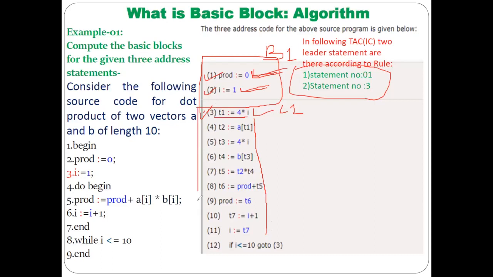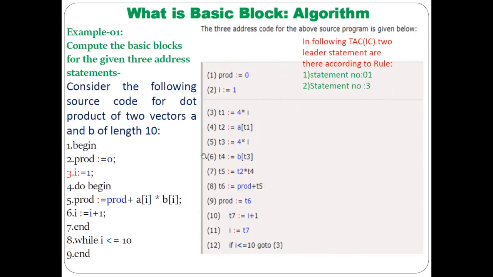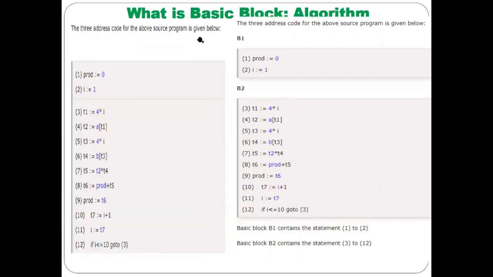So this sequence of statements forms basic block 2. How many basic blocks are there? Two. By using that rule, you can easily determine the leader statements and how many basic blocks there are.